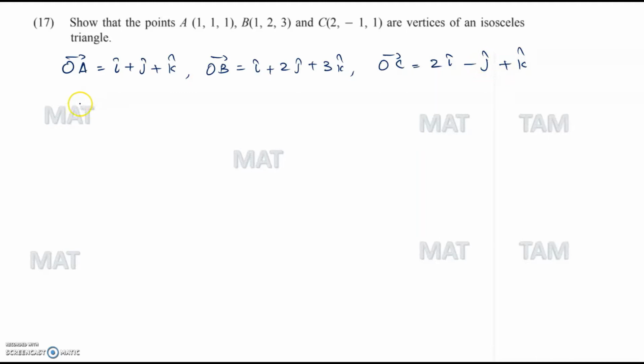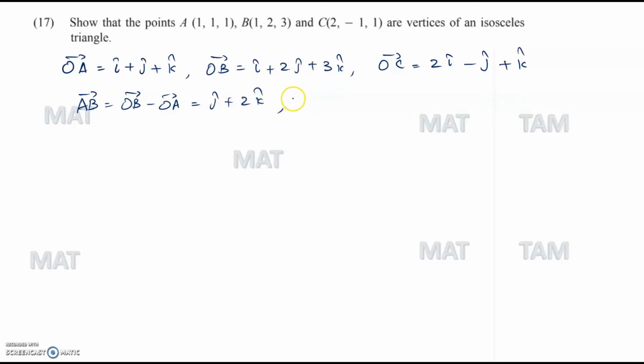Now let's find AB vector. AB vector is equal to OB vector minus OA vector, and that's equal to 0, 2 minus 1 will be j vector plus 2k vector.